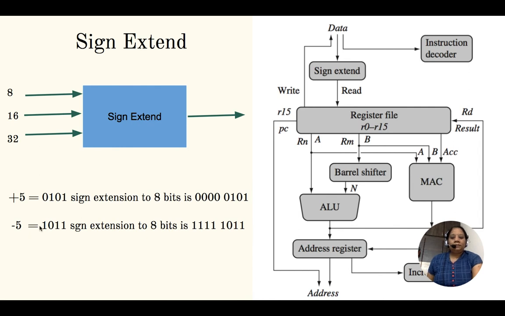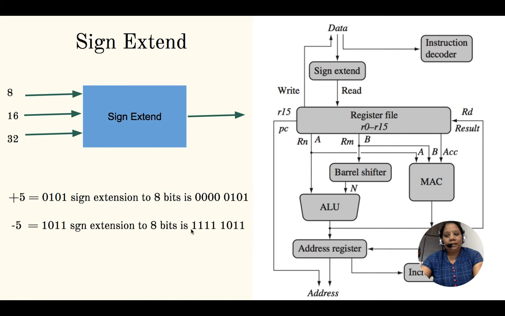And suppose we have to extend the sign for this -5 into 8-bit data, then we cannot substitute zeros, but we have to substitute ones. So sign extension is nothing but extending the sign bit value. If the MSB, the sign bit, is 0, we extend it with 0, and if the sign bit is 1, we extend it with 1.